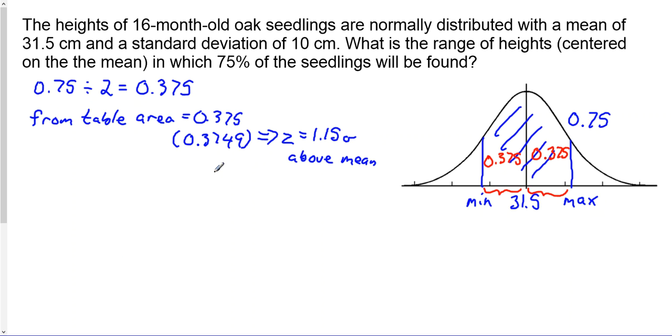Now similarly, our minimum value, so we'll just say that max is 1.15 sigma above the mean. The minimum value is 1.15 sigma below the mean.